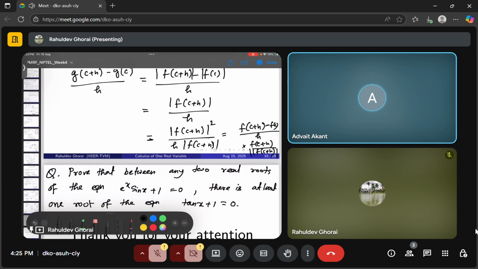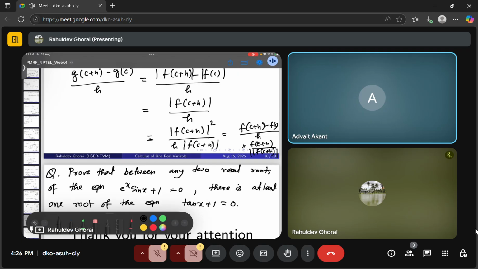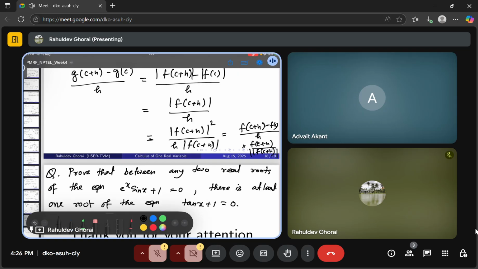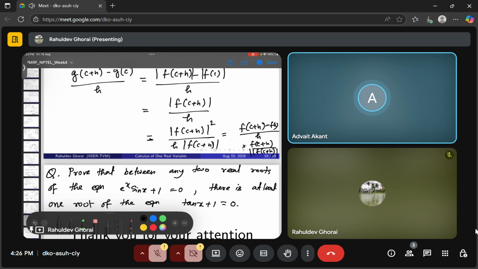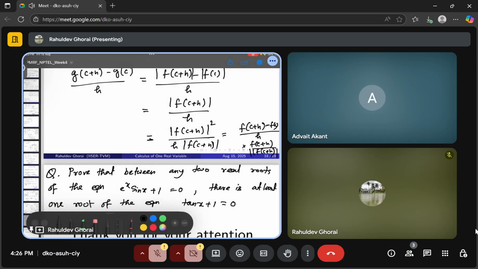But what if cos x is equal to 0? We have to divide by cos x. The derivative is e to the x sin x plus e to the x cos x, so e to the power x times sin x plus cos x equal to 0.